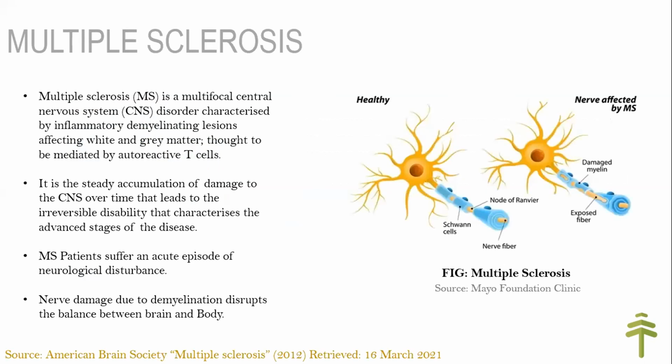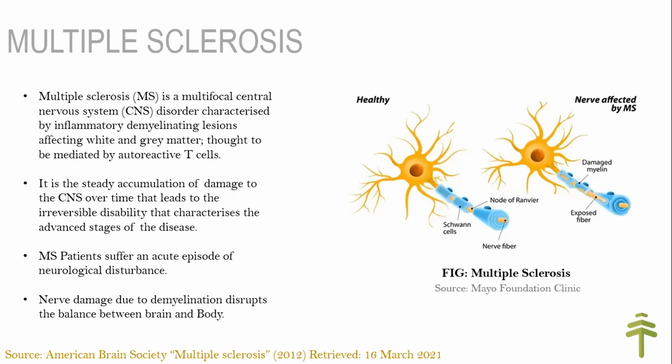Before diving into the project, I would like to brief you all about what actually multiple sclerosis is. It is a central nervous system disorder, mainly a white matter disease, which is a neurodegenerative disease, and it is characterized by the demyelination of the myelin sheath in the axons. Because of demyelination, the patients of multiple sclerosis suffer acute episodes of neurological disturbances.